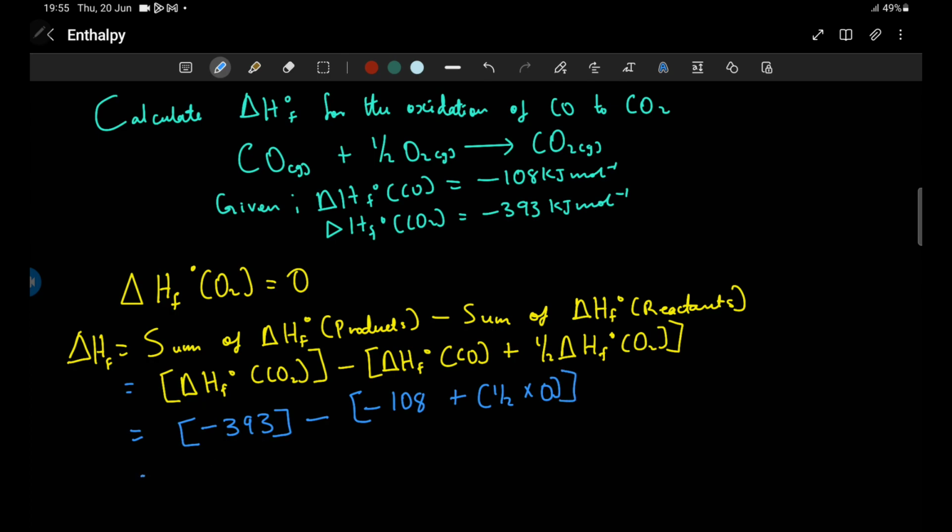Then you compute this: minus 393, minus times minus is plus, 108 kilojoules per mole. This gives you the final answer, minus 285 kilojoules per mole.